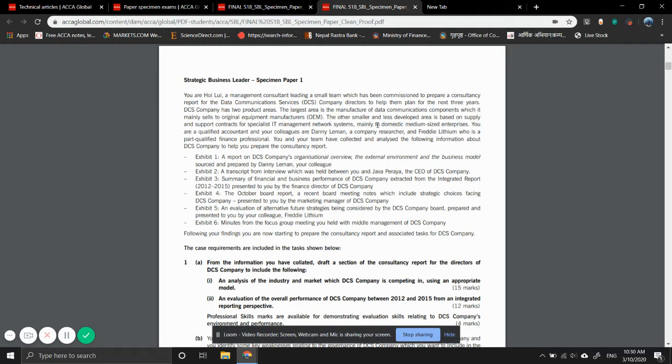It's the less developed area, so that's not what they are really matured at, you could say. These are support contracts for specialist IT management network systems, mainly to domestic medium-sized enterprises, SMEs, you could say.